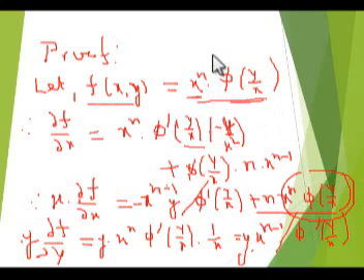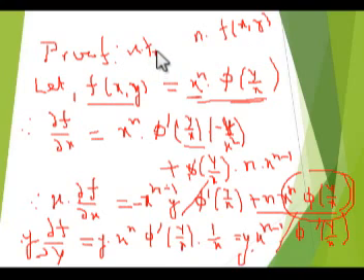So we are getting n times f(x, y). Thus x times the partial derivative with respect to x, plus y times the partial derivative with respect to y, equals n times the function. In this way, Euler's theorem can be proved.